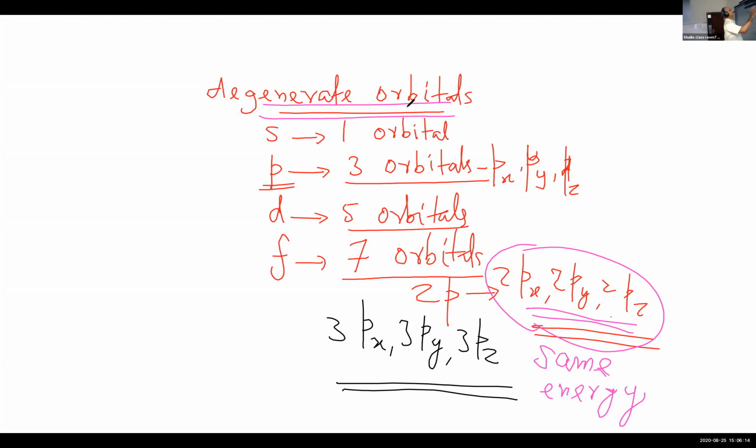Similarly, you can take, say, d orbitals. In the d level, there are 5 orbitals possible. And we know these 5 d orbitals are, do you remember?